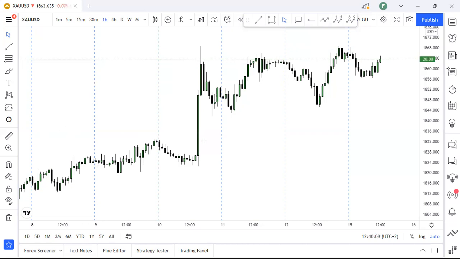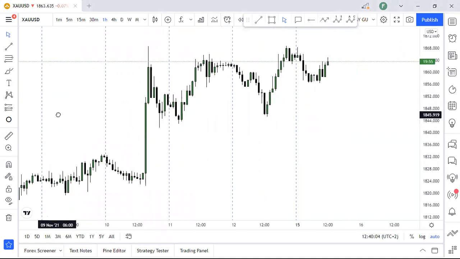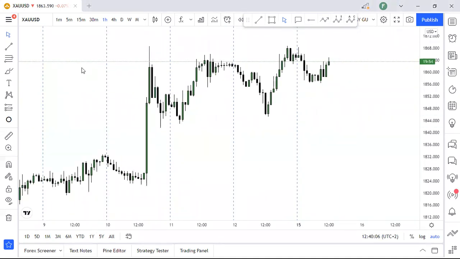So what I mean is, if we look at this price section, let's say we have 1, then we have 2, we have 3, 4, 5, right? So this is our main wave.